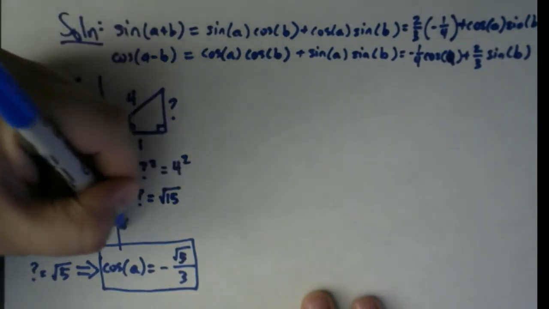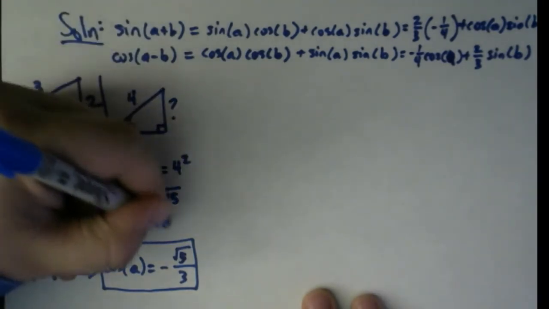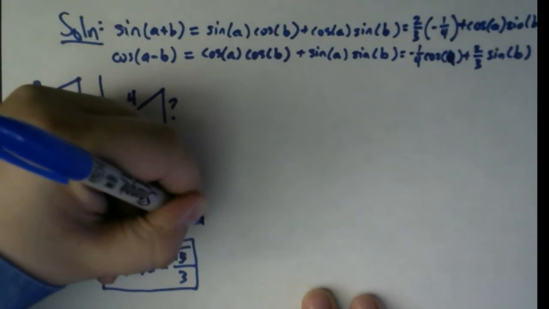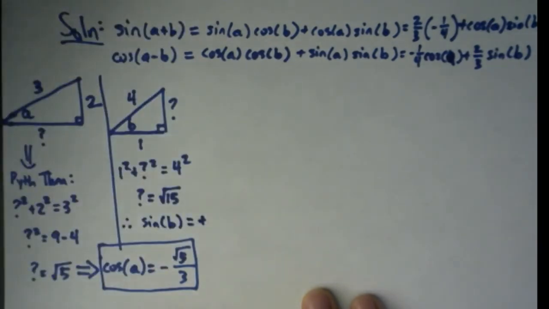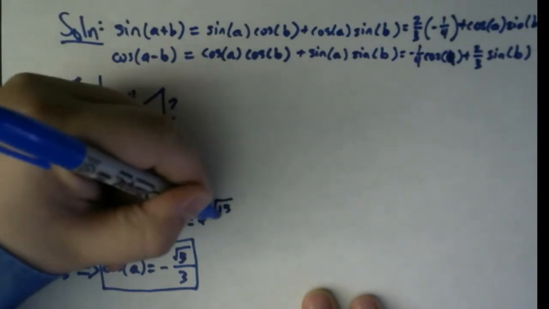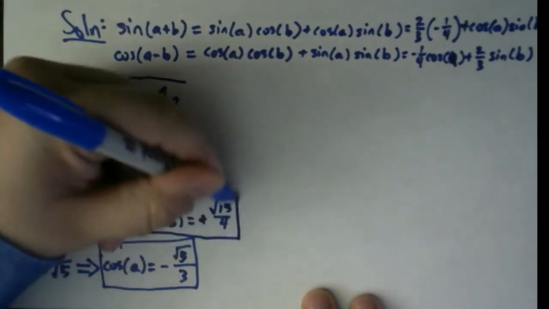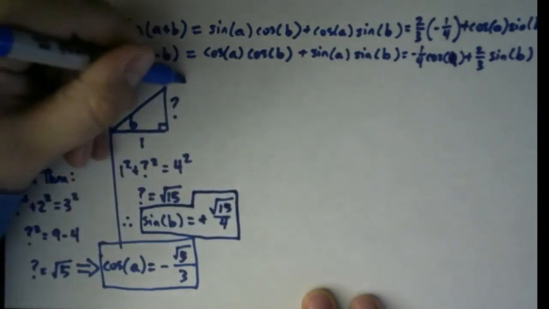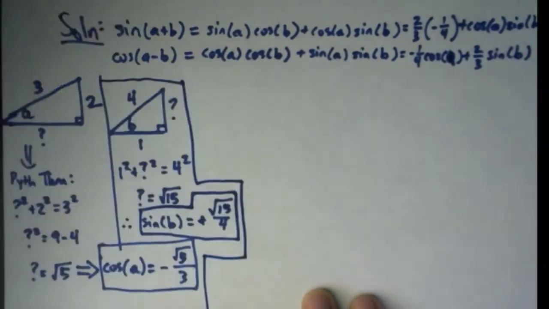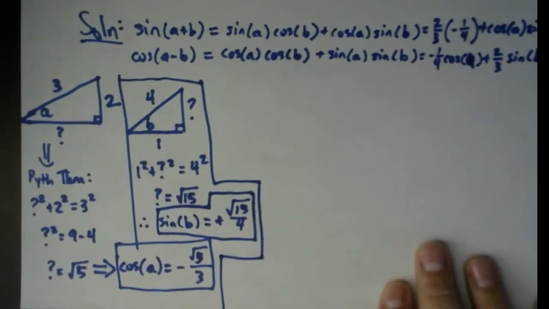Therefore, and those 3 dots mean therefore, in logic, if you didn't know that, the sine of b is the positive square root of 15 over 4. So we now have the 2 unknown trig functions that we needed for our calculation. So there they are, and I'll just copy them over as we need them.